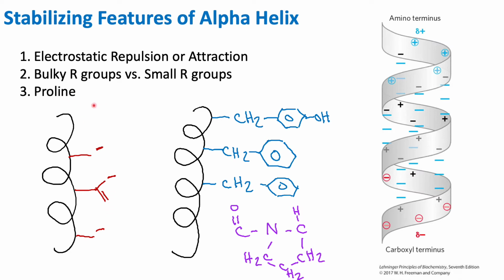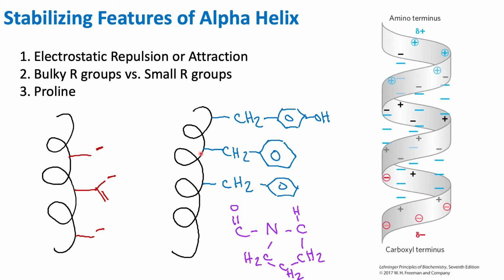Now, the second factor that could destabilize our alpha helix is too many bulky groups. Here I've drawn the alpha helix with phenylalanine and tyrosine, and we can see that if we have too many bulky groups, that's going to generate steric hindrance. It's going to be too crowded, and the alpha helix isn't going to like the crowdedness, so the structure is going to be disrupted.